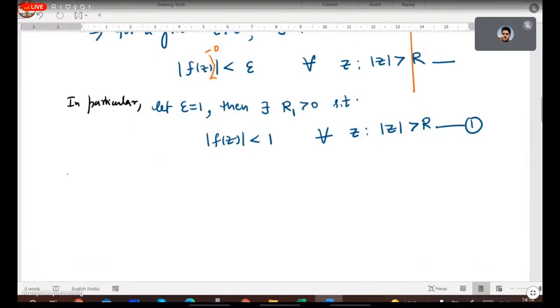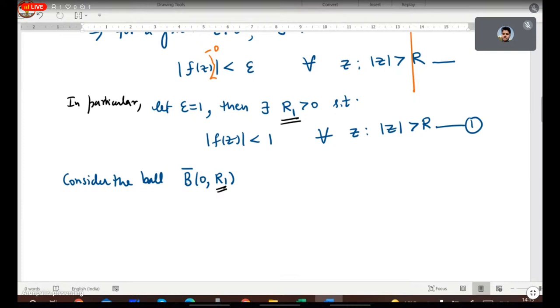Now class, consider the ball B(0, R1). Class, take a note. This is R1 and here also I am taking the same radius. I am doing it purposely. It will be clear to you within a minute. And I am taking the corresponding closed ball. It is not the closure. Please take a note.